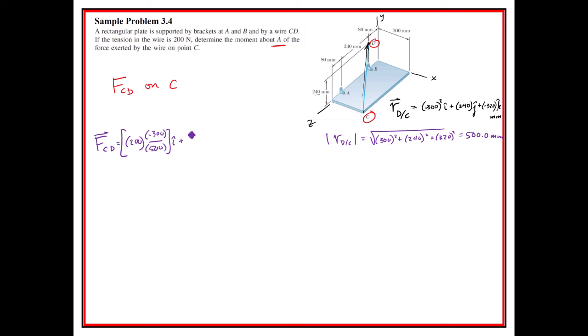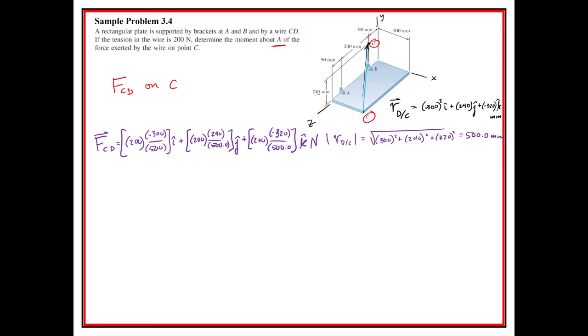Then the magnitude of 200 times 240 divided by 500, j, and lastly the magnitude of 200 times negative 320 over 500, and that's k. And these are newtons. Almost looks like kilonewtons, because I tried to squeeze it in there. There, put a big N.